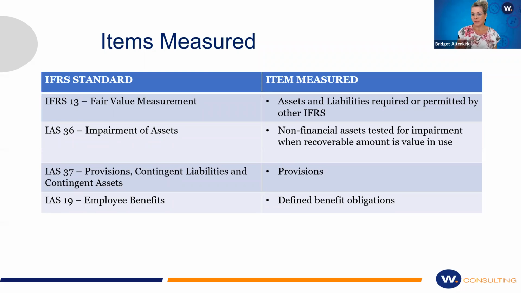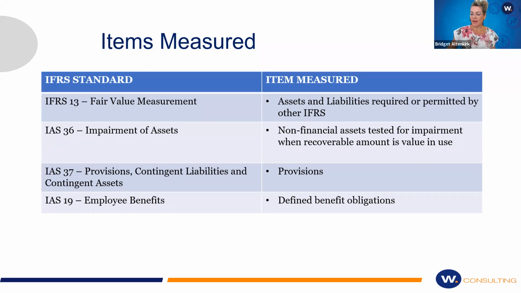But just to recap the standards that I have spoken about already today, what items are measured. Fair value measurement in accordance with IFRS 13 could be for the fair value of any asset or liability as required from any other IFRS standard. In IAS 36, we looked at your non-financial assets when they are tested for impairment, and in particular the value in use computation.